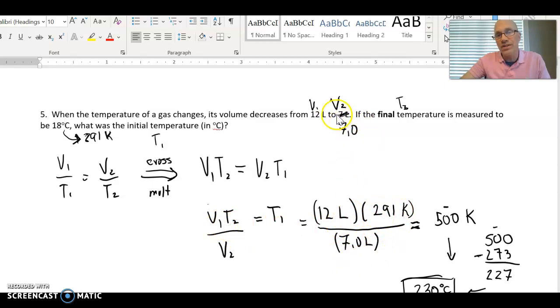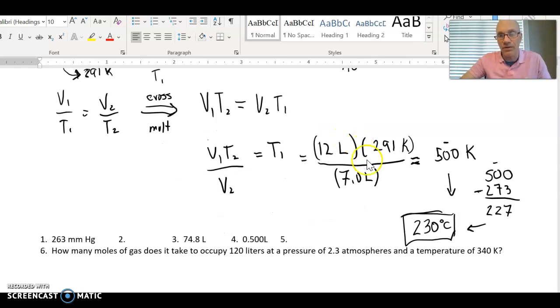Notice also I changed the 7 liters to 7.0 liters to put an extra significant figure into that number. When we calculate this, the answer we'll get is 500 Kelvin. To indicate that this has 2 sig figs, we're going to want to put a bar over top of that second 0.